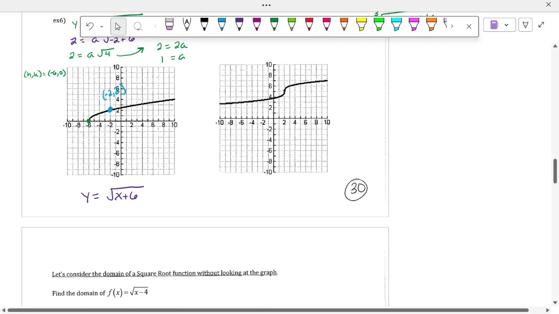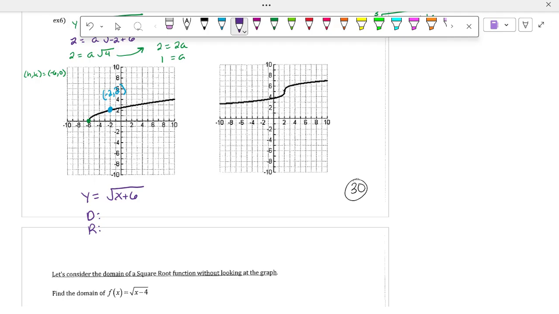Now, what will be the domain and range of this graph? So what would the domain be? So the domain, what's my lowest x value? -6. And where does it go to? Infinity. What about the range? What's my lowest y value? 0 is.